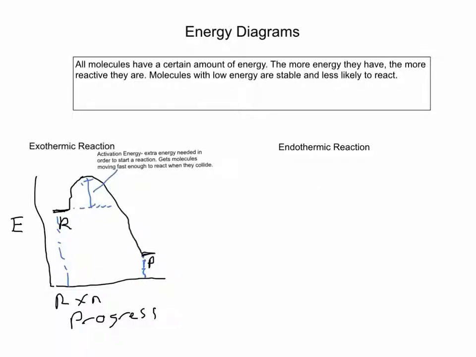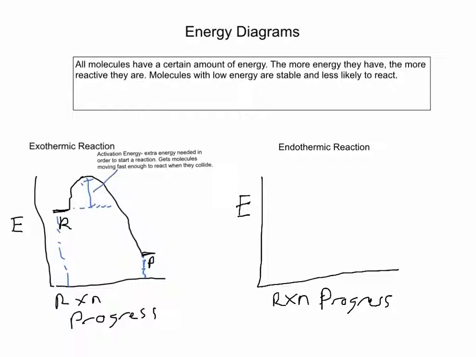In an endothermic reaction, the graph is very similar. We have energy, and we have reaction progress. This time, though, the reactants have less energy than the products.